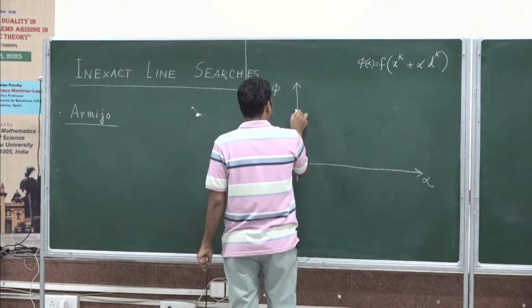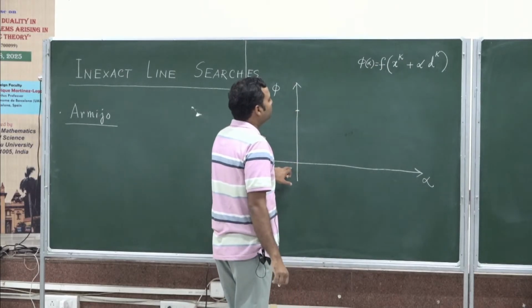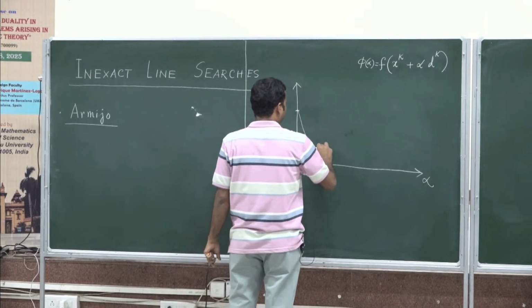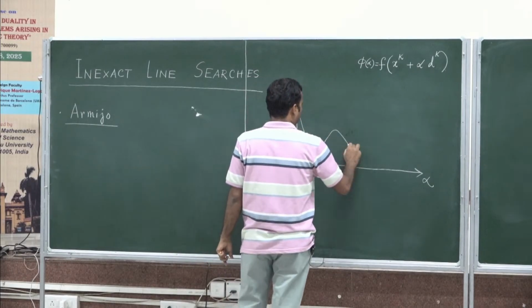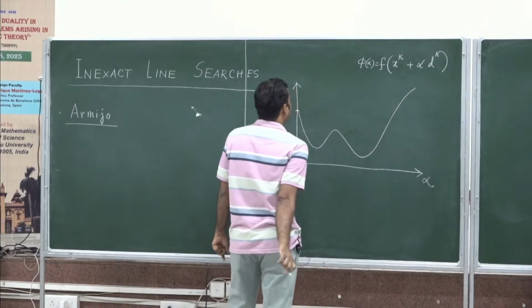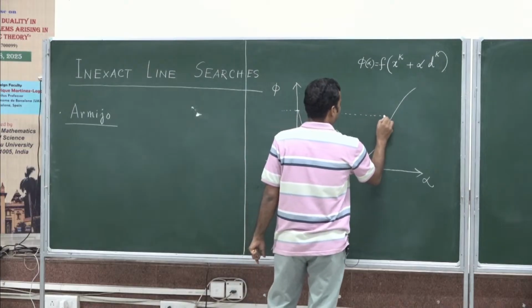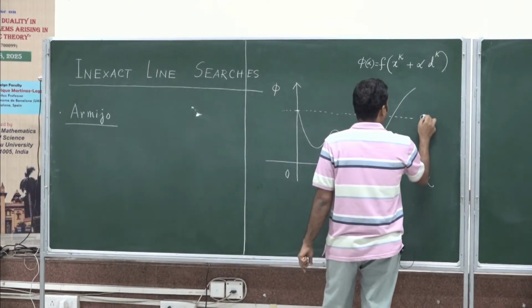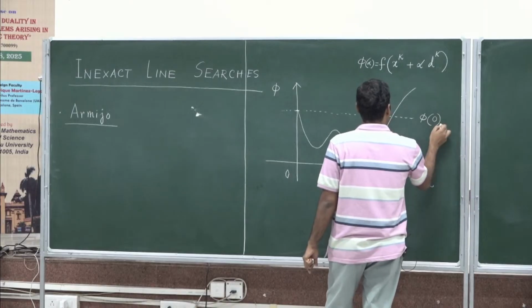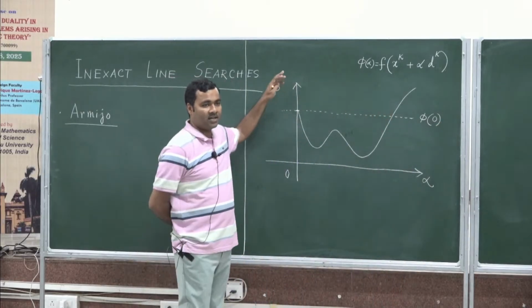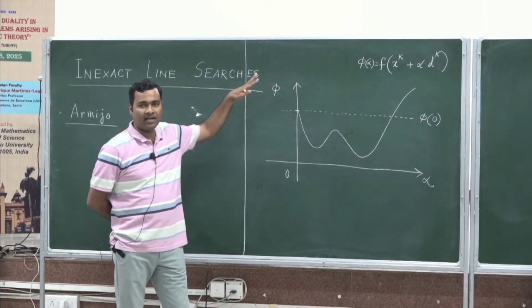It has a graph somewhat like this, and at 0 the function value is phi 0, or f of xk.